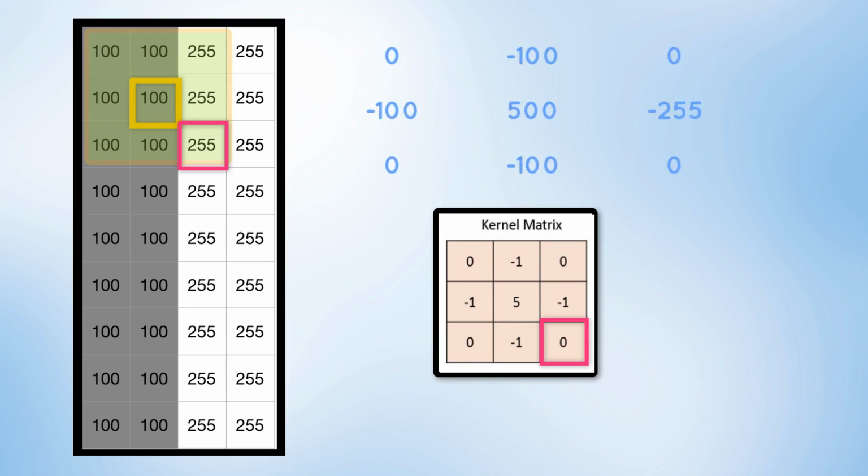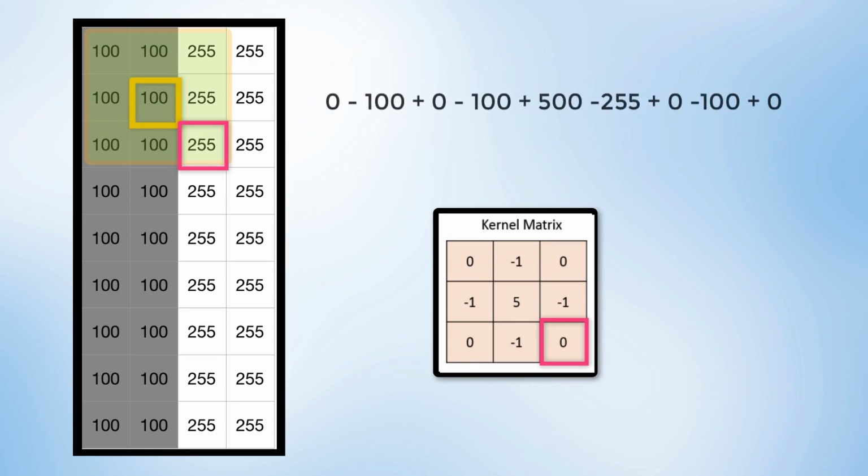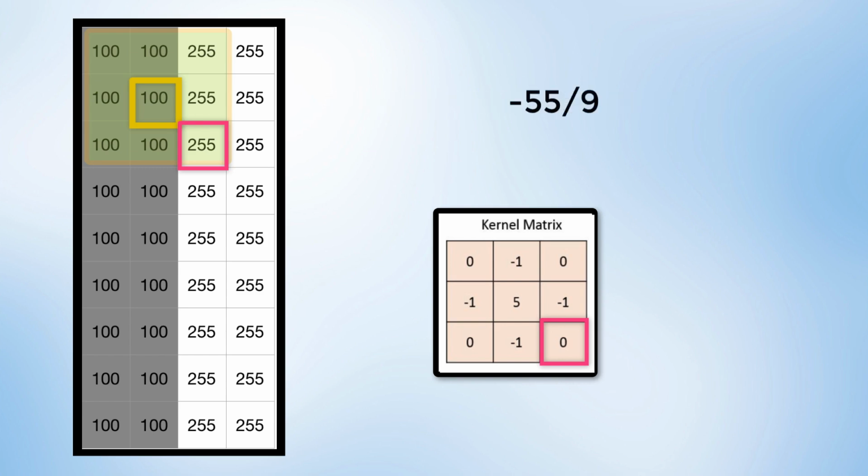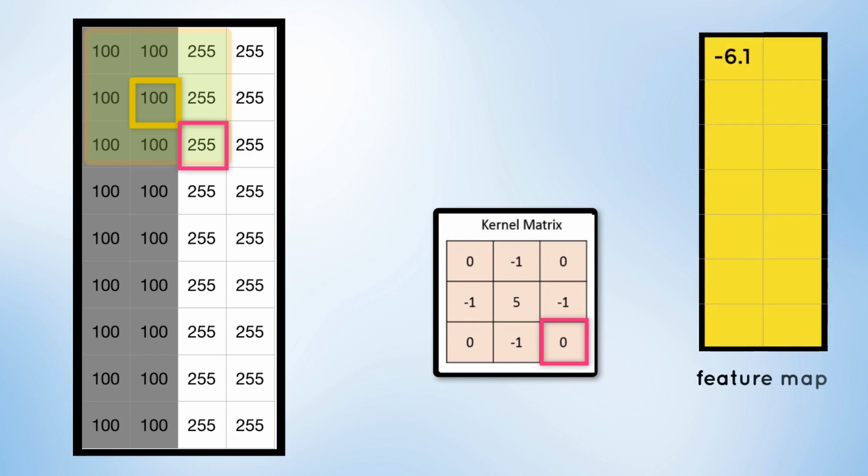We then take the sum of all the numbers, resulting in a value of -55. Then, taking the average by dividing by the number of pixels in the receptive field, the result obtained is shown in the following feature map.